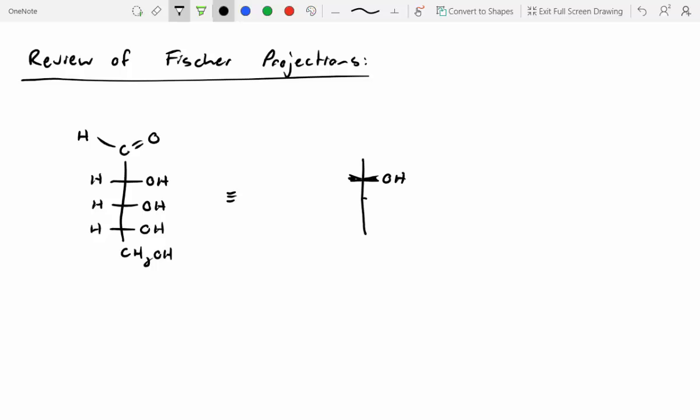So you've got OH, OH, OH. You've got hydrogens here, and then you've got a CH2OH, and then you've got a carbon, an oxygen, and a hydrogen, right? What about the backbone? The vertical portion going up and down? It's going to be curved backwards, right?